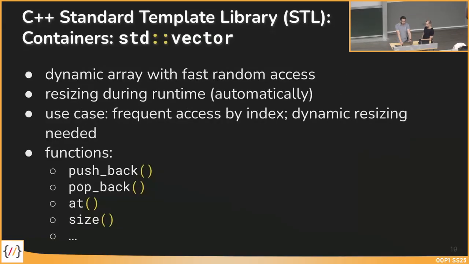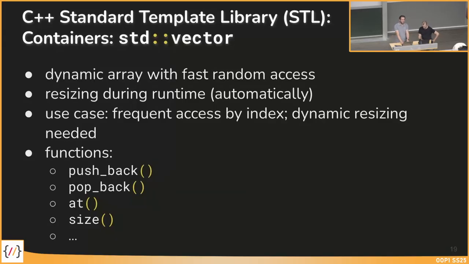Okay. Then let's come to the containers within the standard template library. The first container we just shortly discuss is the vector. You've already heard it and used it, and it's more or less a repetition. So it's a dynamic array, as you know, with fast random access, and the resizing of such a vector happens automatically.